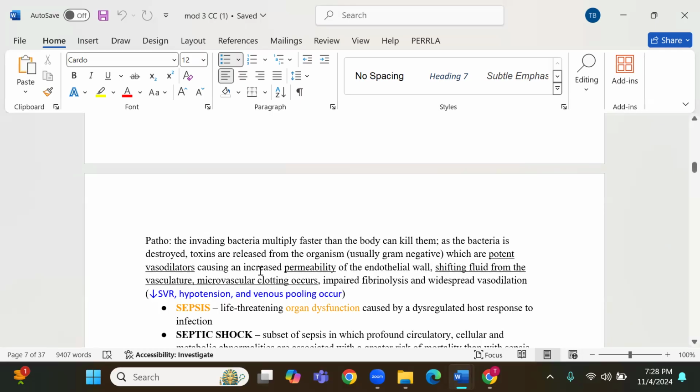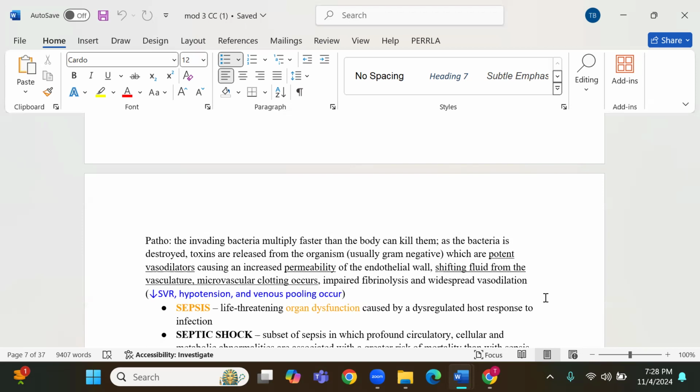It causes increased permeability of the endothelial wall, which is the vessel, shifting fluid from the vasculature, microvasculature clotting, impaired fibrinogenesis, and widespread vasodilation. With septic shock, you just need to know what is causing it: a bacteria that is forming, which is a potent vasodilator.